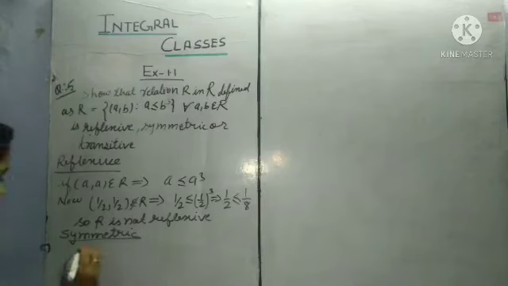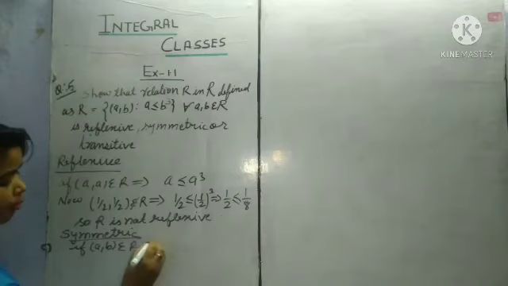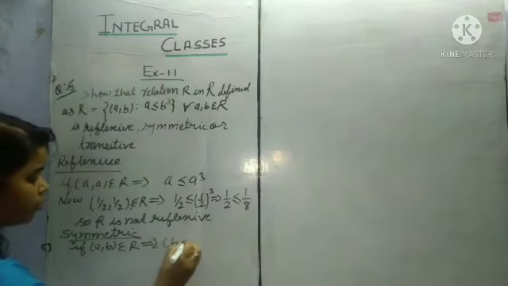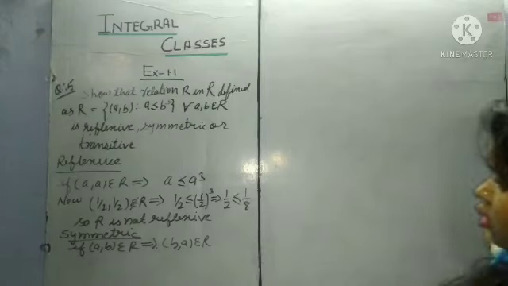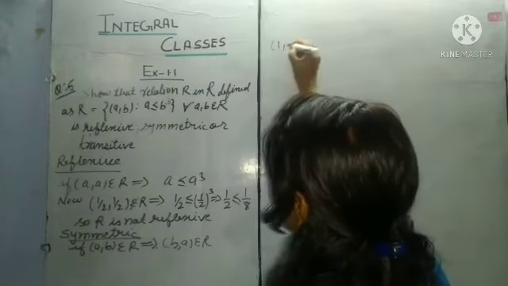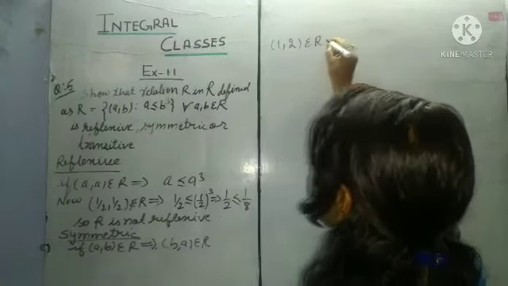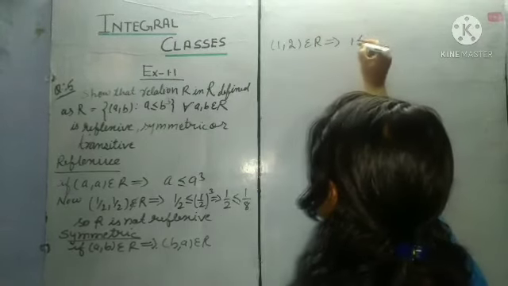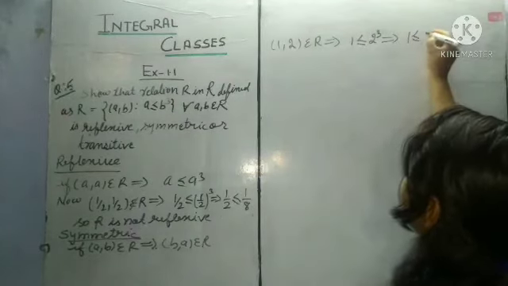For symmetric, if (a, b) belongs to R, it implies that (b, a) belongs to R. So for proving symmetric, we consider the example (1, 2) belongs to R. It should be that 1 is less than or equal to 2 cubed, so it implies that 1 is less than or equal to 8.